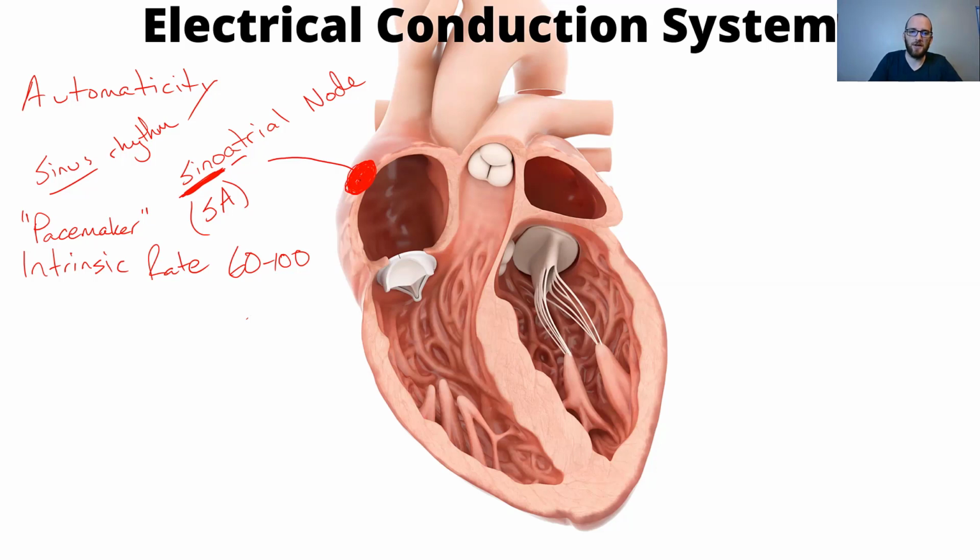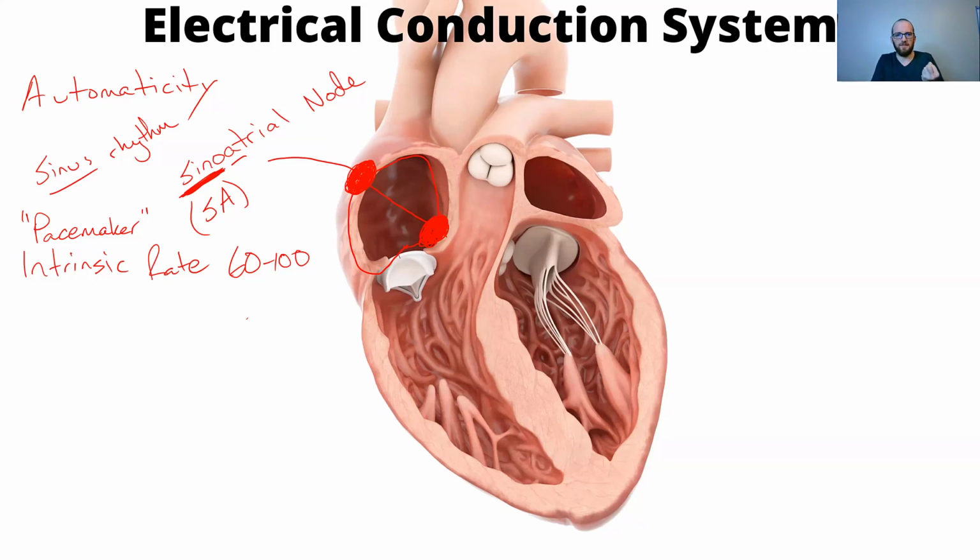And so we said it starts the electricity, and then we have little freeways of electrical conduction tissue that help spread that electricity through the atria. And we have another little bundle of cells, just like the SA node, kind of in the base of the right atrium.